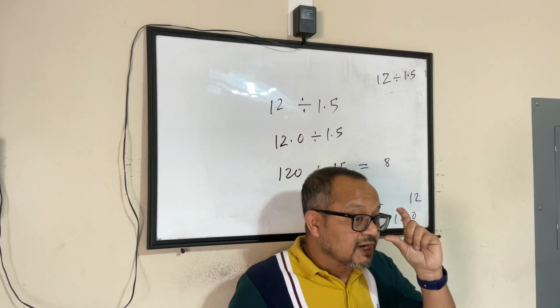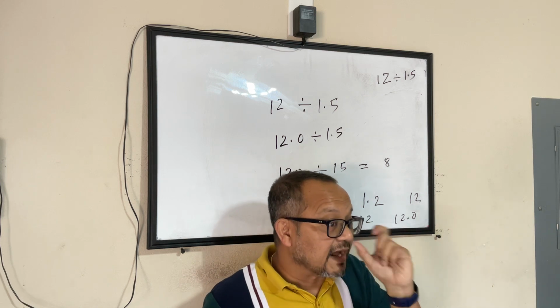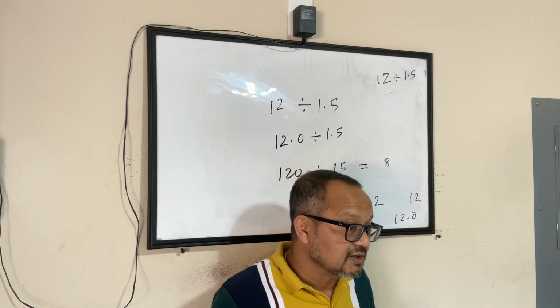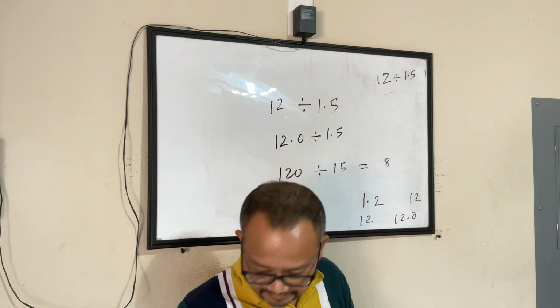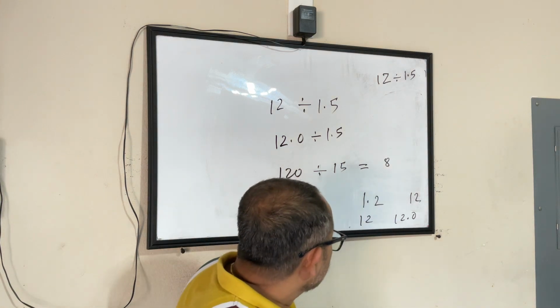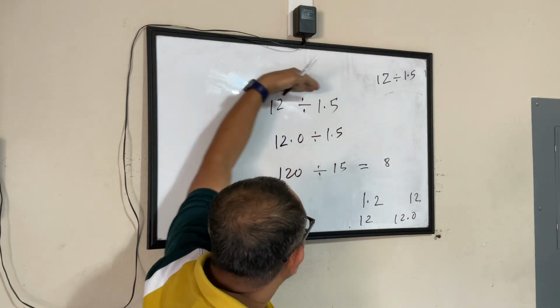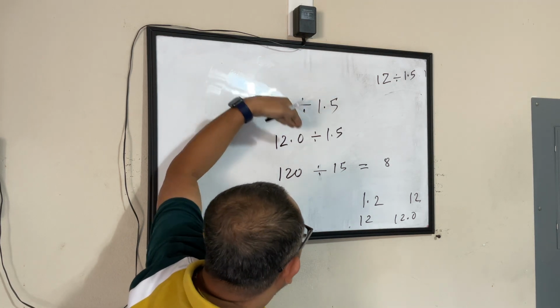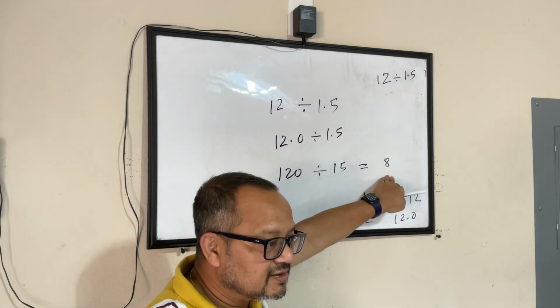Meaning you are not supposed to change the value, because the time you change the value, you will change your answer and that will be wrong. So here, simple 3 steps: match the number of digits after the decimal, ignore the decimal, do the simple division. You're done.